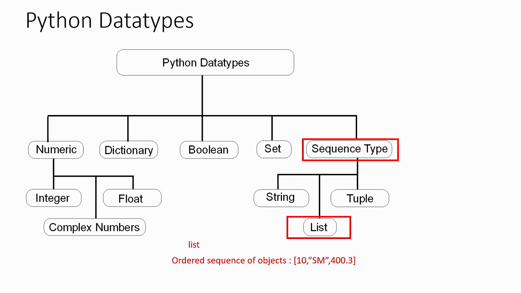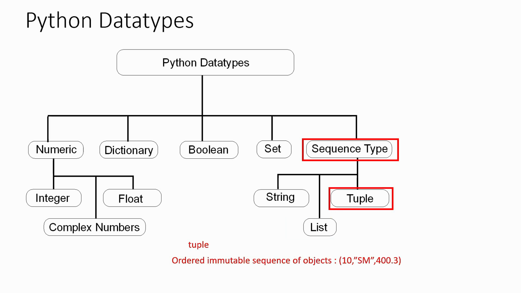These are ordered sequences of objects which come inside square brackets, and these can consist of data from different data objects such as numeric, string, float, etc. For example, as you can see on the screen, we have number 10, string SM, and floating point number 400.3 clubbed together in an ordered sequence of objects, and you can access them using the list order.